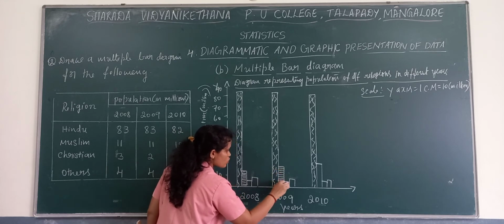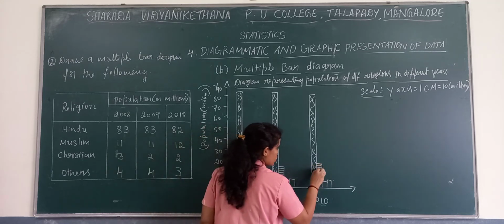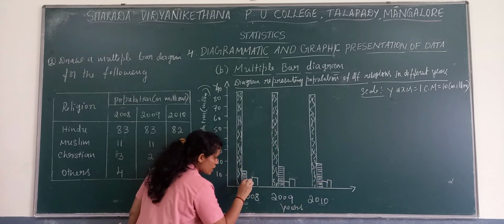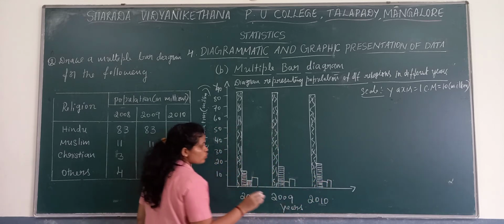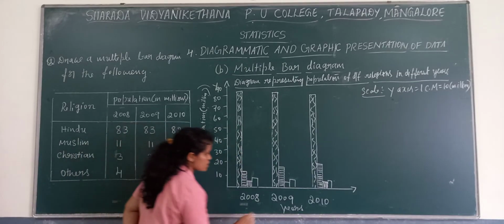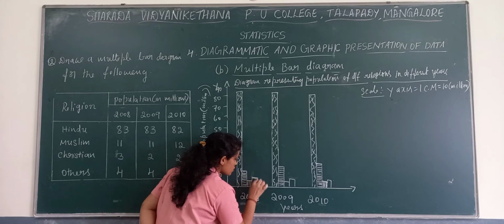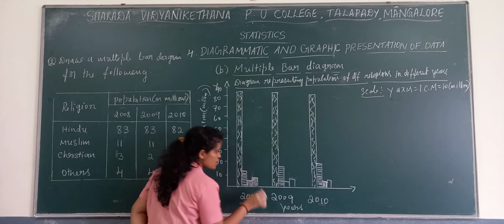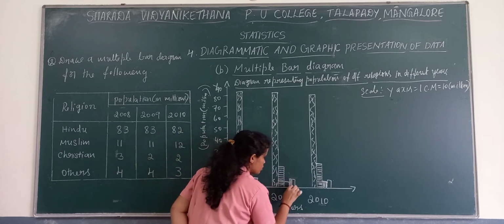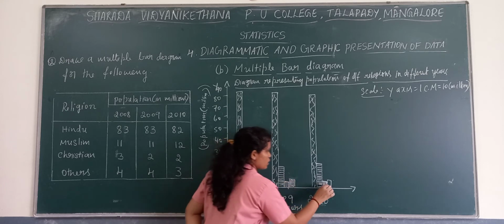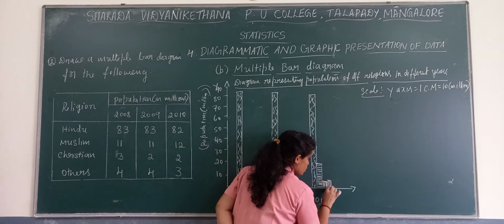This is the Muslim population in different years. And the next one is the Christian population in different years. Now this is shaded properly. Last one is other population.